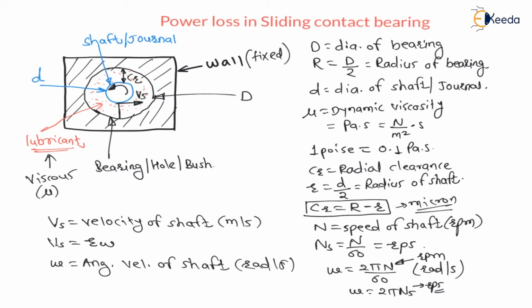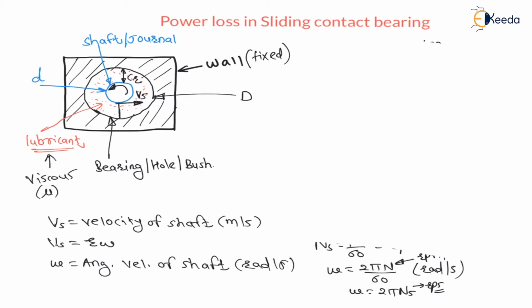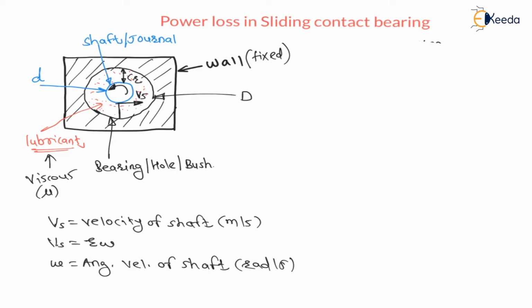Therefore we can say the velocity of this bearing is zero, and as the gap is very small for this viscous fluid, in microns, we can assume a linear distribution of velocity between them. So by assuming linear distribution of velocity between shaft and bearing, let us find the shear stresses.